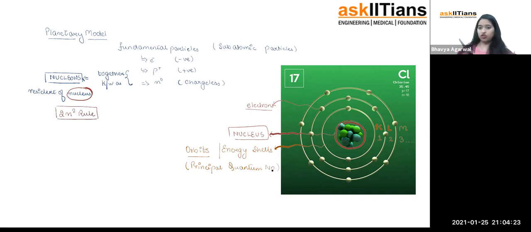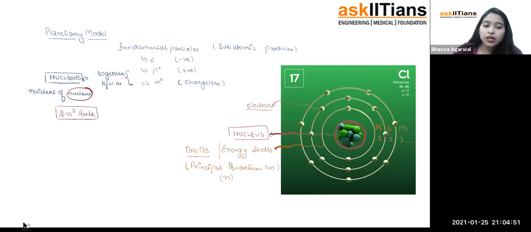The number of the energy shells is represented by the principal quantum number, which is represented by small n. It is this n which we are going to use in our 2n square rule.